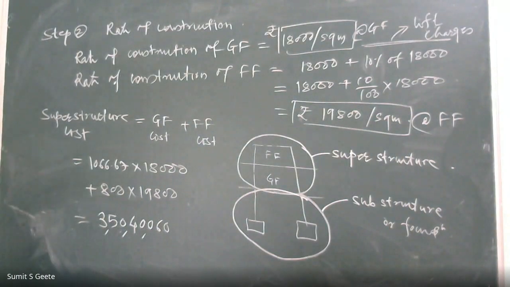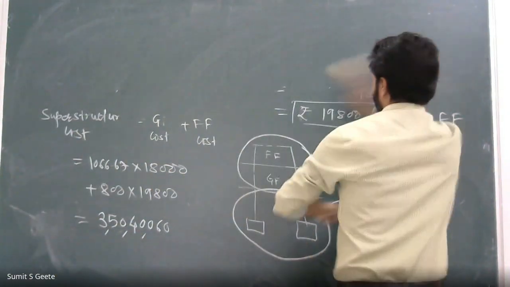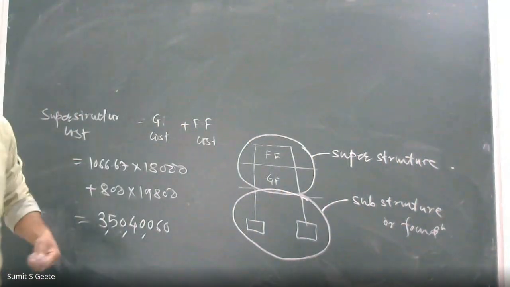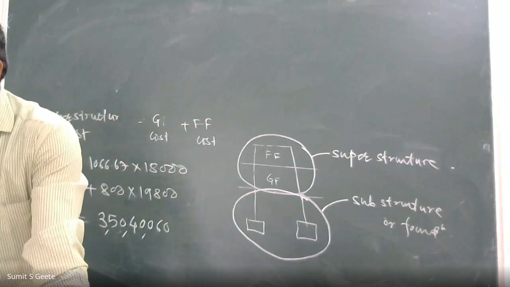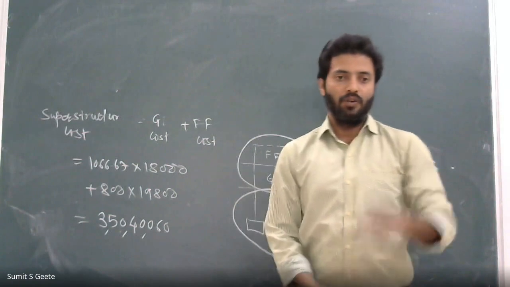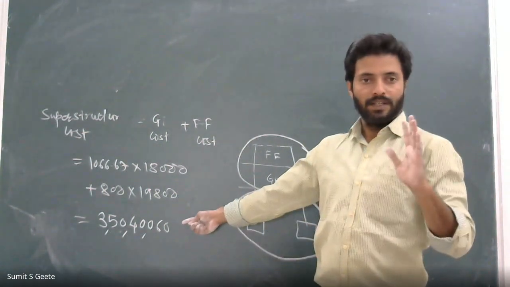Now, this is superstructure cost. Now read out what exactly the data given is. The cost of foundation is 20% of superstructure cost. This thing is given.